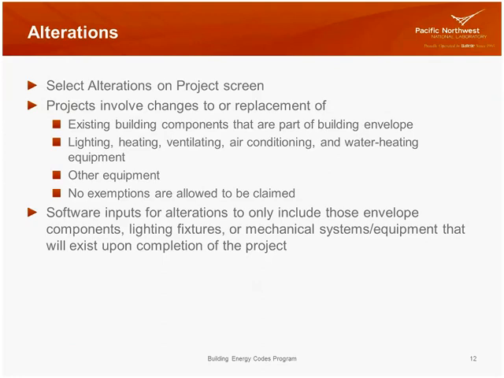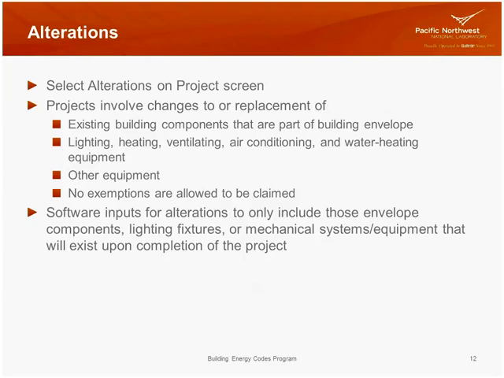With that, the calculations happen differently than for new construction or an addition. With new construction on the envelope side, you're entering the entire building envelope. For an addition, you're just entering those new envelope components. But for alterations for envelope, this is where it changes the calculations, and really it's based on individual components on a case-by-case basis.